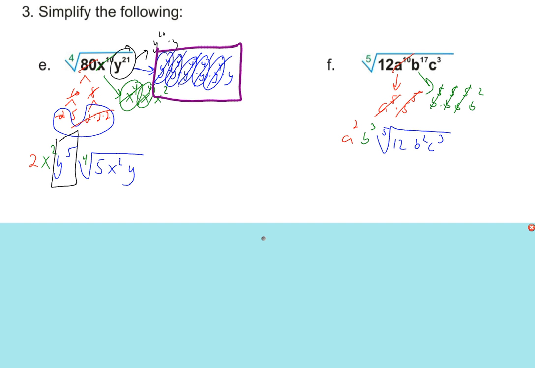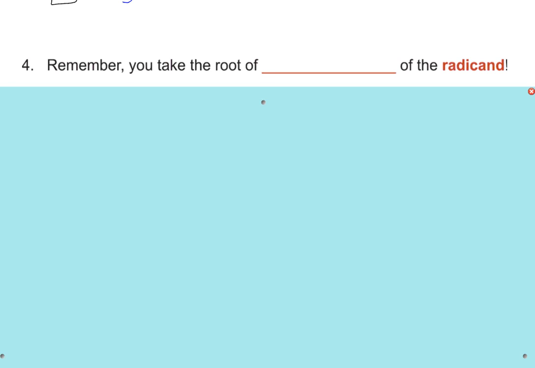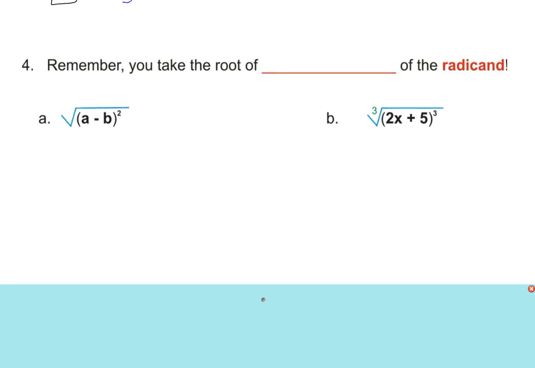All right. Again, it's not sinking in yet. My advice is read the text and work some more problems, and hopefully the light bulb will go on. Okay, number 4. Remember, you take the root of factors of the radicand, not sums of the radicand.